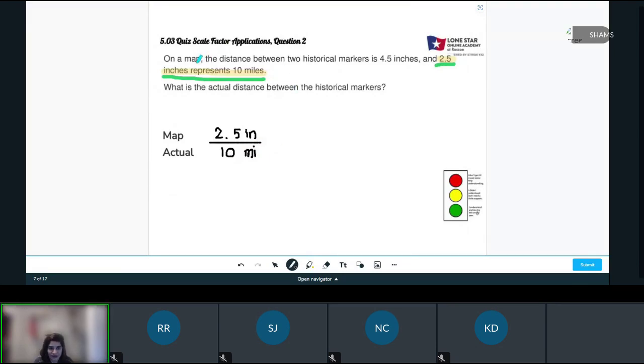Now again, more information is given to you about the map. It says on the map, the distance between two historical markers is 4.5 inches. So again, go up to the map, and the distance between the two historical markers is 4.5 inches. What is the actual distance? What is the actual distance means the question mark goes here.